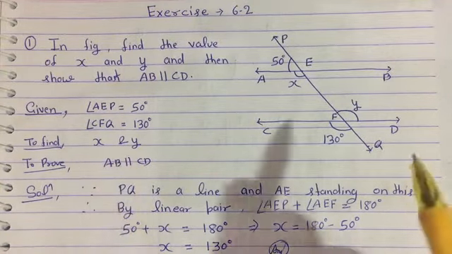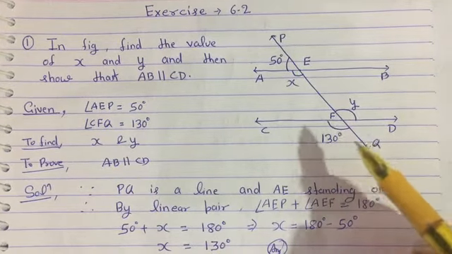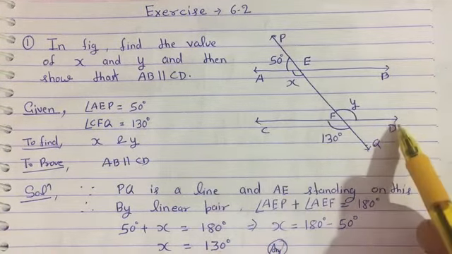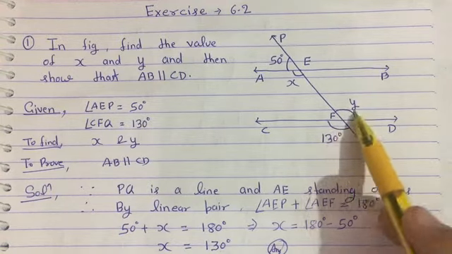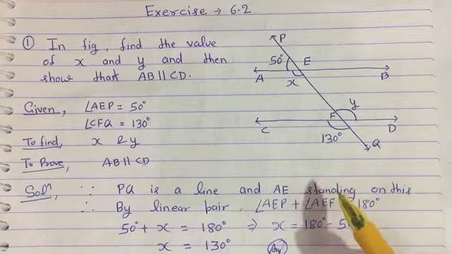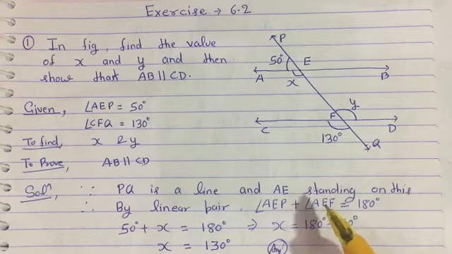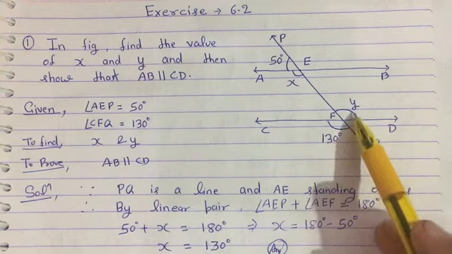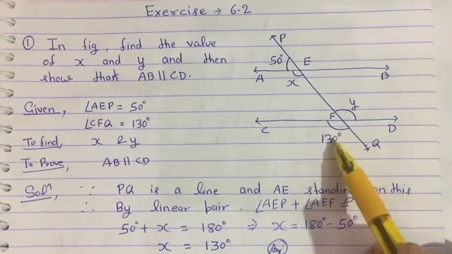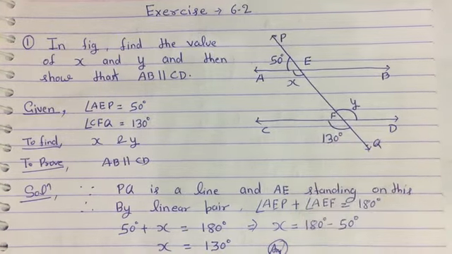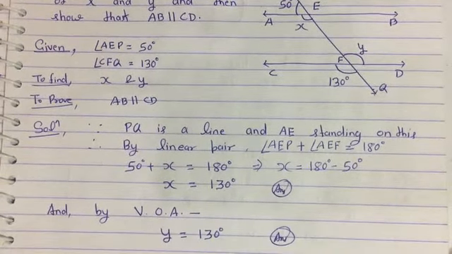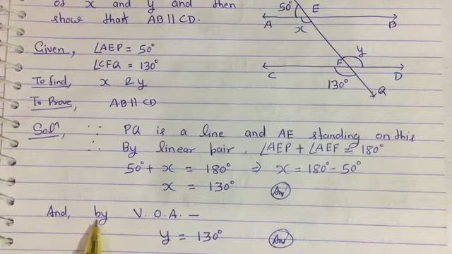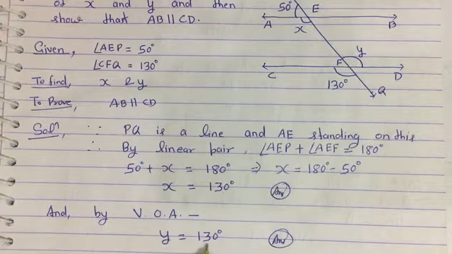Now for y, it is very easy. You know that when two lines intersect each other, vertically opposite angles are equal. Later I will give you the proof of this theorem also. Okay, so y and 130 degree both are equal to each other. What is the reason? Due to the vertically opposite angles. Okay, and by vertically opposite angles y is equal to 130 degree.